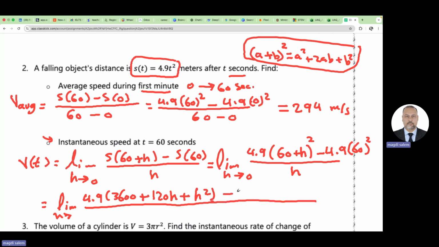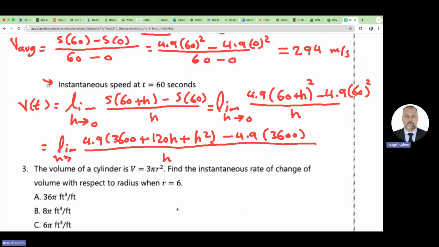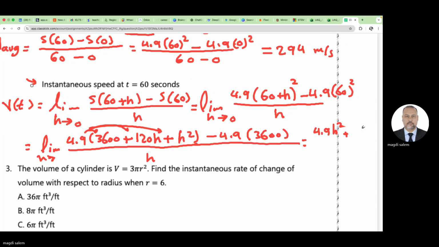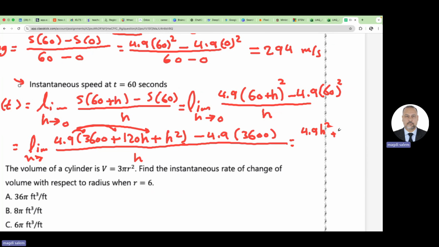Then the second brackets is negative 4.9 times 60 squared, which is 3,600, over h. Finally, you can use the distributive property here, combine like terms and cancel h. Once you use the distributive property, you will find 4.9 h squared plus 588 h over h.